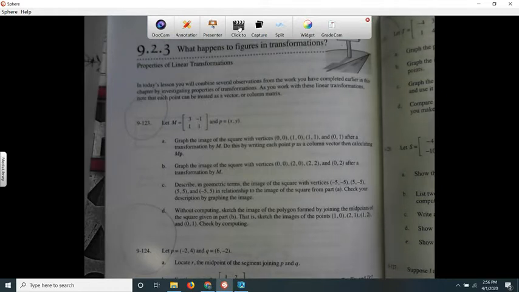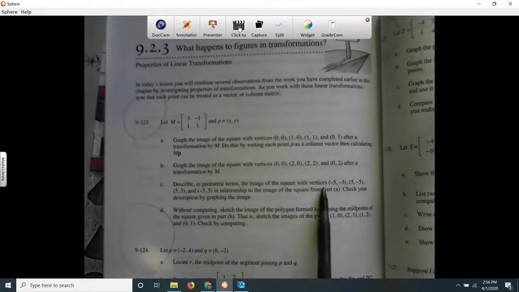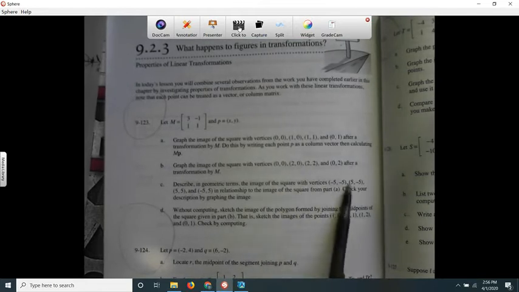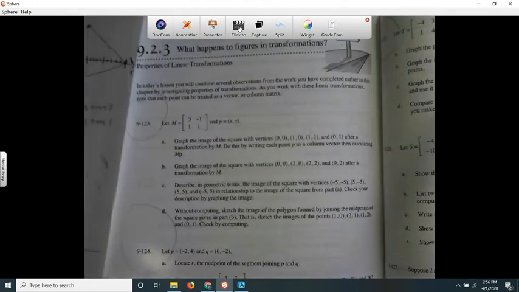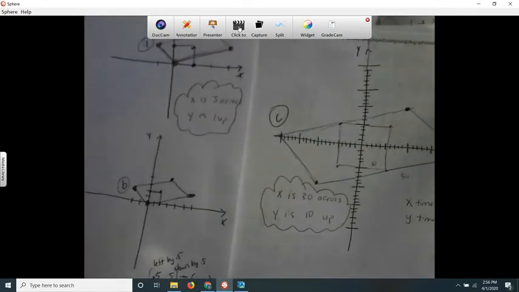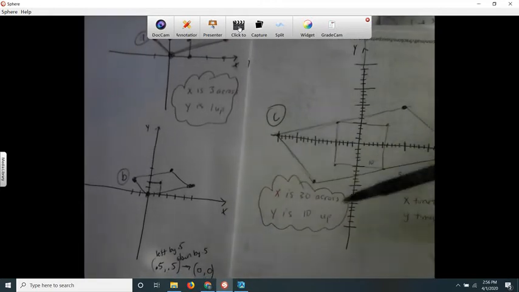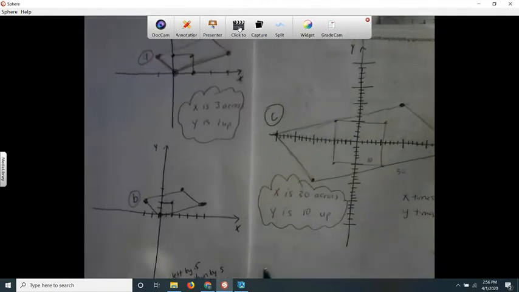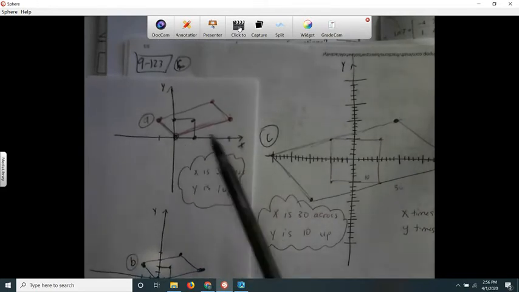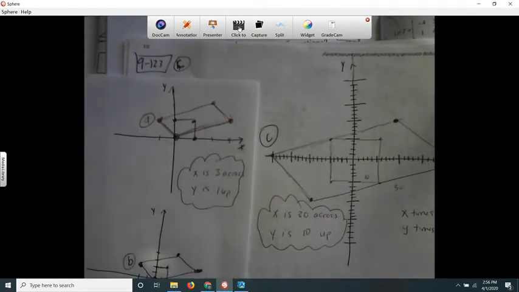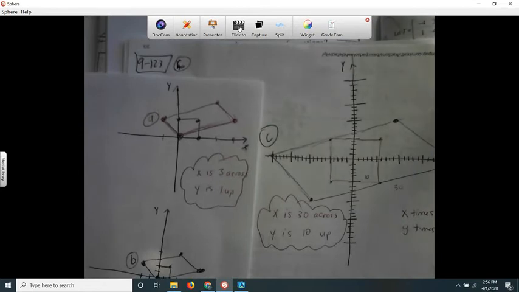It says, describe in geometric terms the image of this square. So the image is actually this big parallelogram, in relationship to the image of the square in part A. The image is what you get after you have done the matrix multiplication. I'm supposed to compare these two. So I guess what I would say geometrically is that they both appear to be parallelograms.